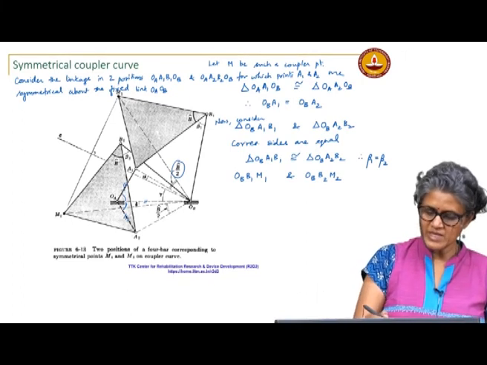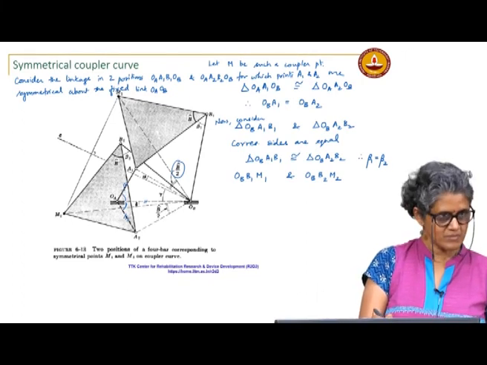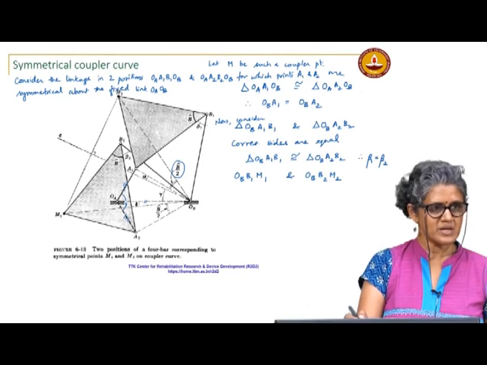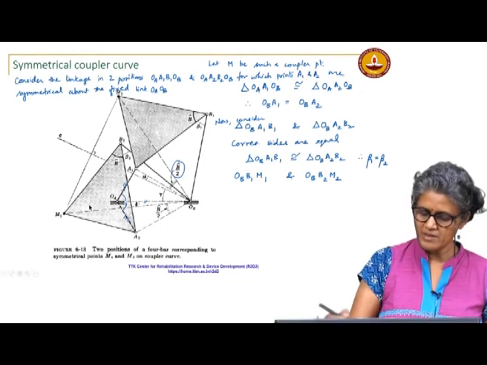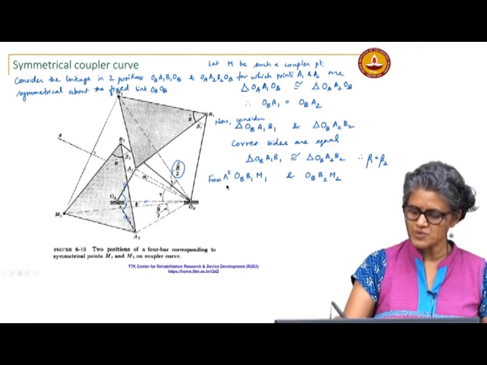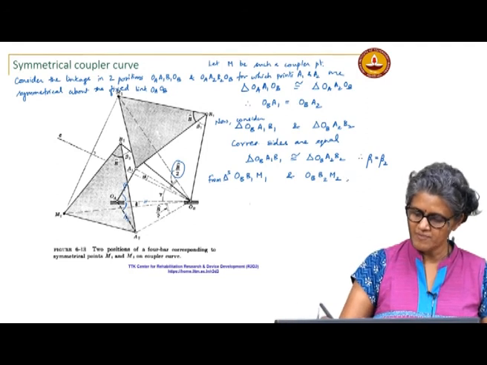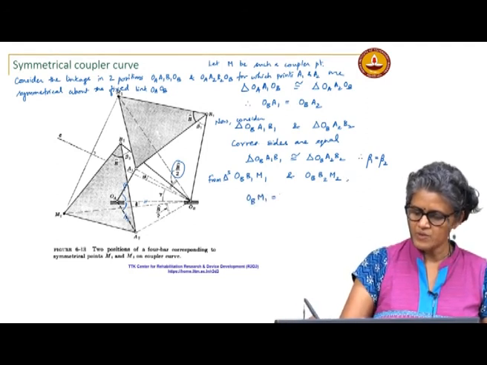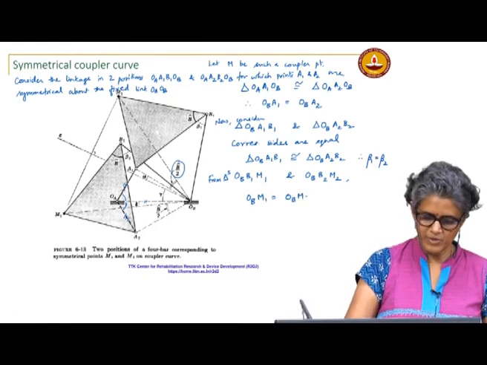Because this is B plus beta 2, this is B plus beta 1, I show that from congruence of these two triangles, I have OB M1 equal to OB M2.